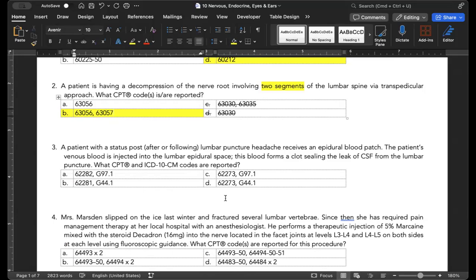Let's go look at that. 62273 is for an injection, epidural, of blood or clot patch. That's what we did, right? We're doing an epidural blood patch.